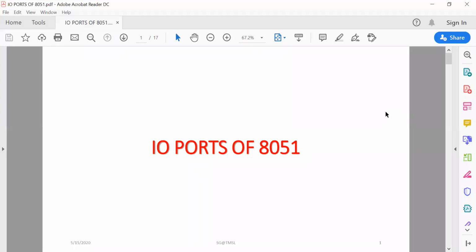Okay, so each pin can be used as an input port or output port under software control. Now these IO pins can be accessed directly by instructions during program execution, or the IO ports are memory mapped in the 8051. That means they are treated as memory locations.